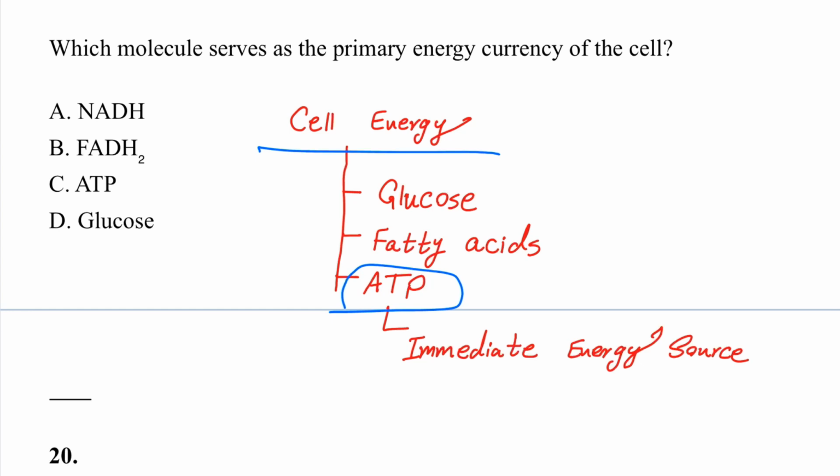When ATP is broken down, energy is released for cellular processes. ATP is converted to ADP plus one phosphate. Muscle contraction, active transport, and protein synthesis all depend on ATP. Therefore, ATP is the primary energy currency of the cell.